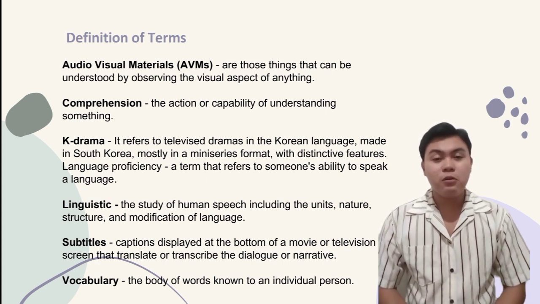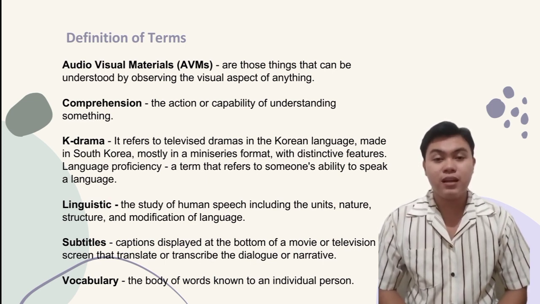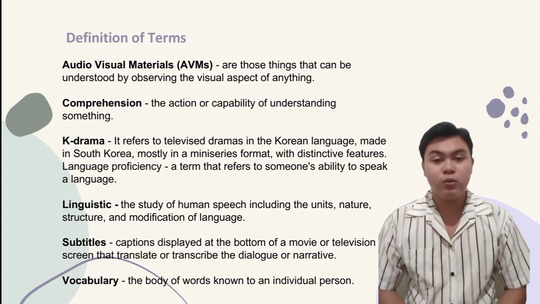Language proficiency, a term that refers to someone's ability to speak a language. Linguistic, the study of human speech including the units, nature, structure, and modification of the language. Subtitles, captions displayed at the bottom of a movie or television screen that translate or transcribe the dialogue or narrative. Vocabulary, the body of words known to an individual person.